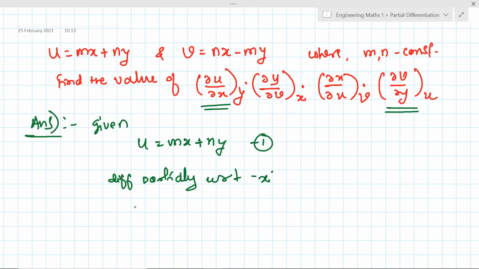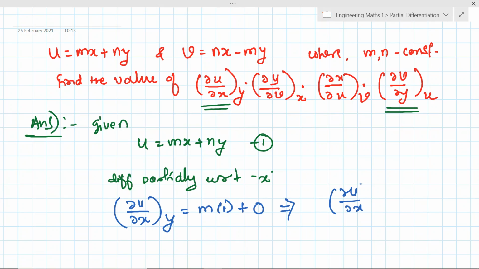So what I get: ∂u/∂x treating y constant is equal to, what is the derivative of u with respect to x? m constant as it is, derivative of x is 1, plus ny totally constant term, its derivative is 0. From this, ∂u/∂x treating y constant is equal to only m. Got it? Call it as equation number 2.